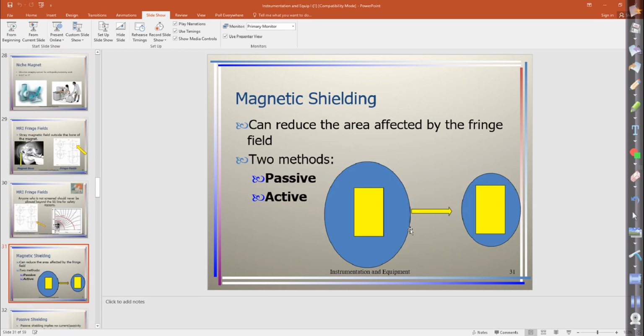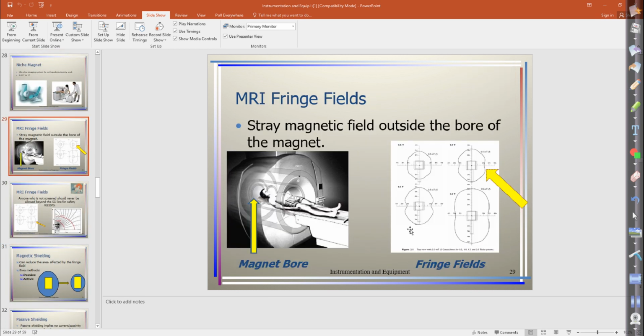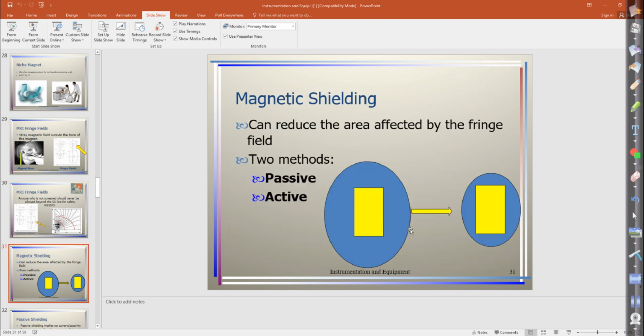All right. We talked also about fringe fields and how they get bigger as our magnetic field strength gets bigger as well. So it's important that we retain our fringe field, usually within zone 4. And we can do that in two ways, by passively shielding our magnet or actively shielding our magnet.